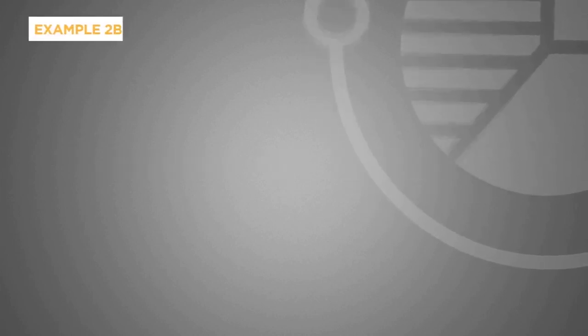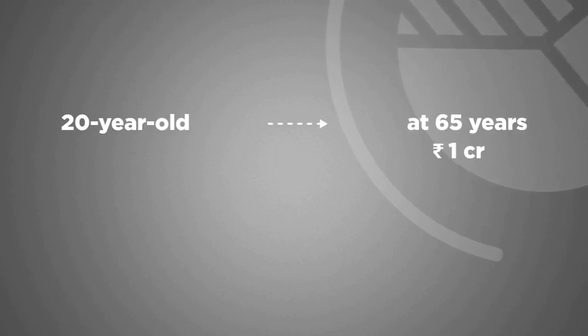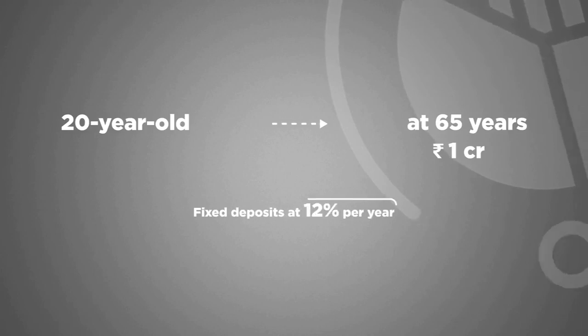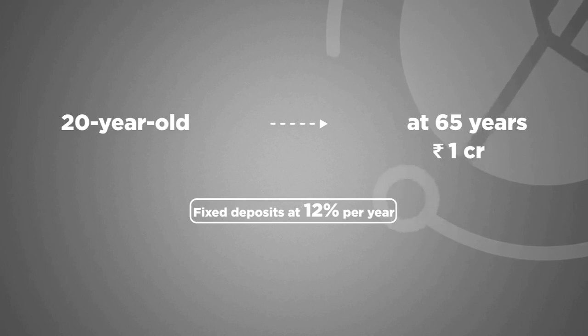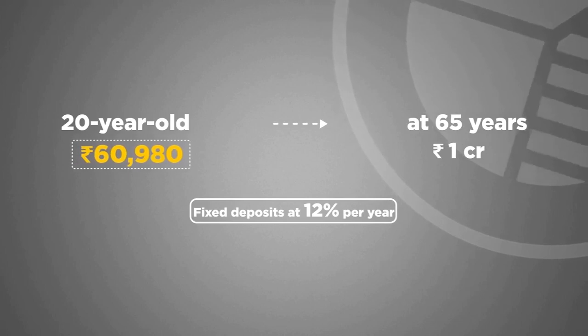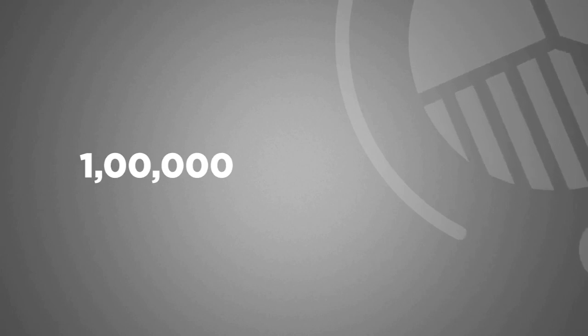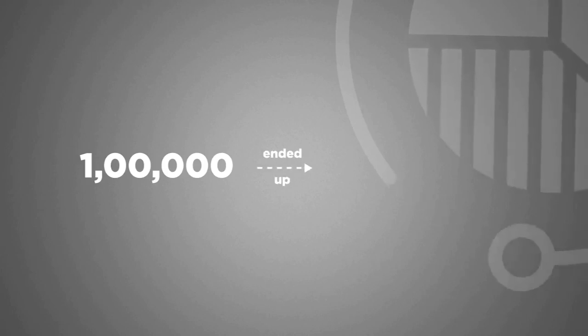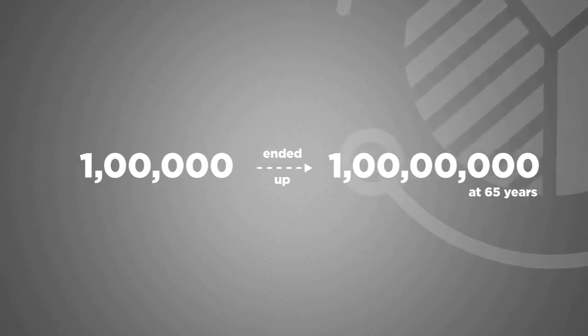Example 2B. That same 20-year-old wanting 1 crore at 65, but now willing to participate in mutual funds earning 12% per year, should invest less in the beginning, right? That amount is actually 60,980. If you recall from the previous example, a 1 lakh rupee investment gave this investor over 1 crore.